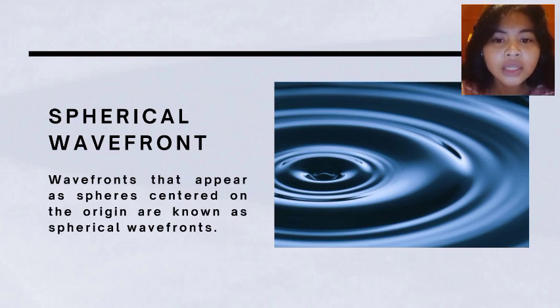Since the orientation of the disturbance is spherical when the stone is dropped, the origin has a spherical shaped orientation. Because of that, it also creates waves that are spherical. The points of oscillation of a single phase of the wave here form concentric rings or spheres, described as the spherical wavefront. So that is for the spherical wavefront.